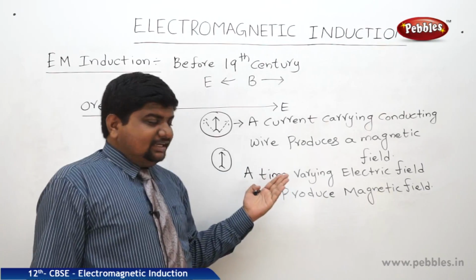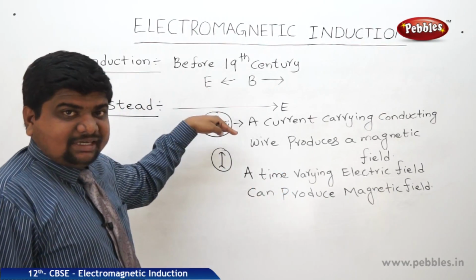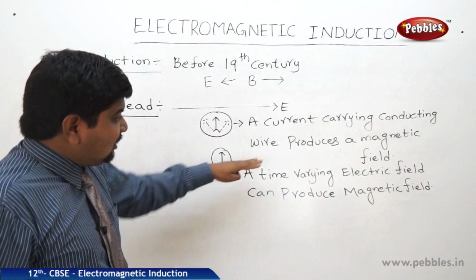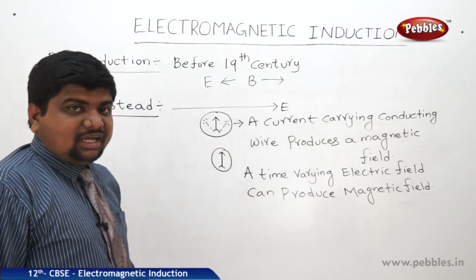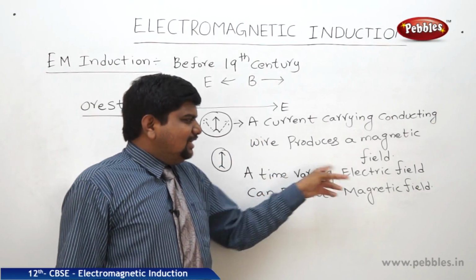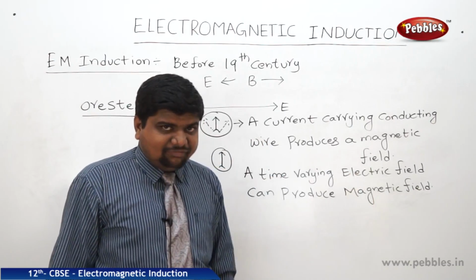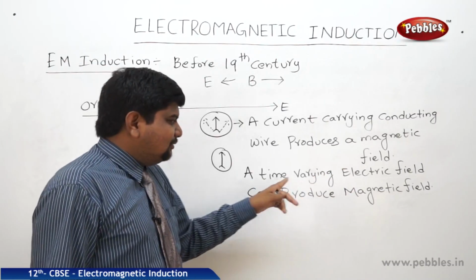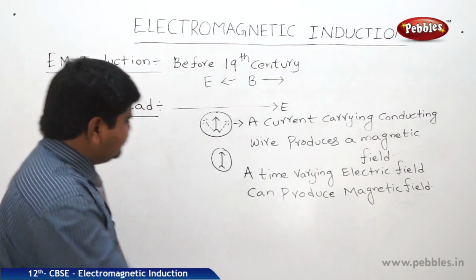Then in the very next years after this discovery, most scientists including Oersted thought about whether the converse effect is also true. Converse effect means a time varying magnetic field can produce an electric field or not.